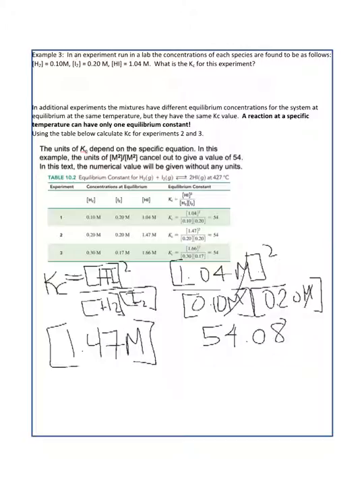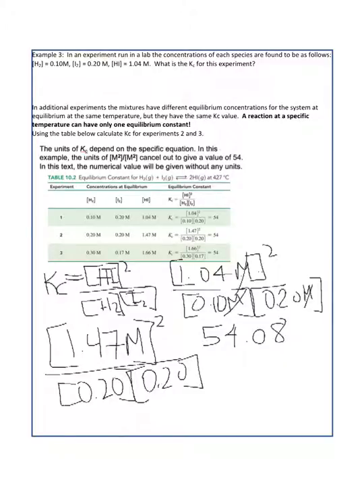So we're going to square that, divided by 0.20 times 0.20. So this is for the second trial. So 1.47 times 1.47 divided by, parentheses, 0.2 times 0.2, end parentheses, gives me 54.02.